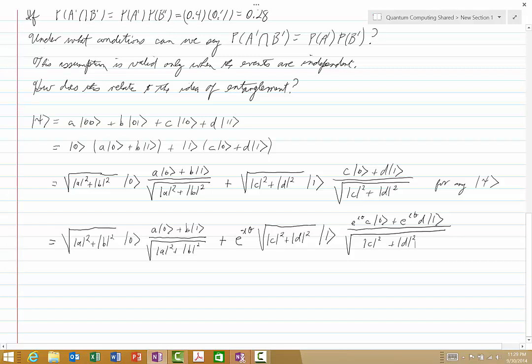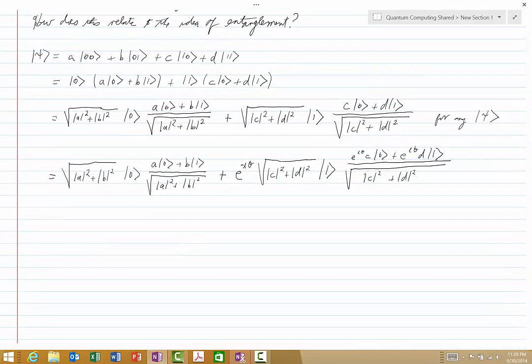And so if we rewrite this second term in this slightly more general form, all we've done is to multiply it by 1 in the form of e to the minus i theta times e to the i theta. And notice that the e to the i theta there is distributed over both terms.